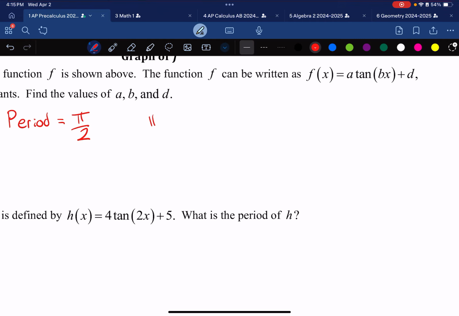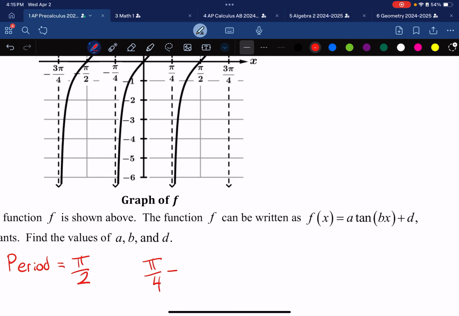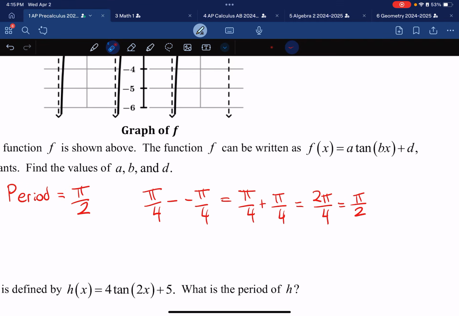So if I say pi over 4 minus, okay, what's the other one? This one is a negative pi over 4. I'm just subtracting them. Minus a negative pi over 4. I have a double negative. They kiss and become positive. So this is going to turn into pi over 4 plus pi over 4. And that's the same thing as 2 pi over 4, which is just pi over 2. And look at that. I already knew the period was pi over 2 using a different analysis. Subtracting the bounds also gives you the same period.